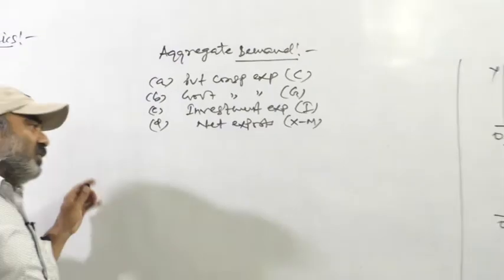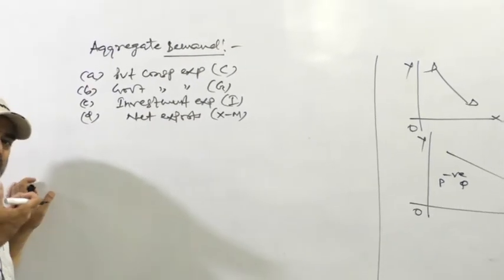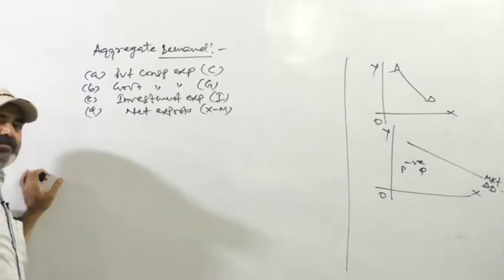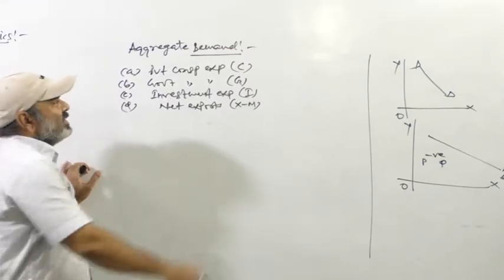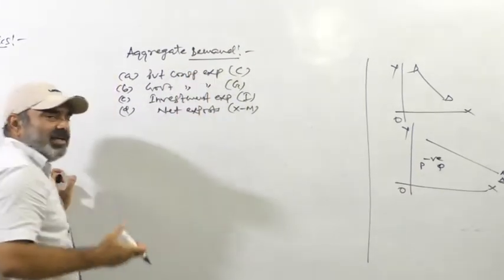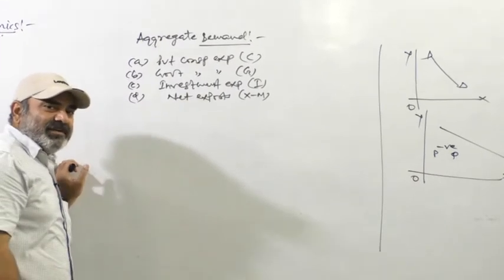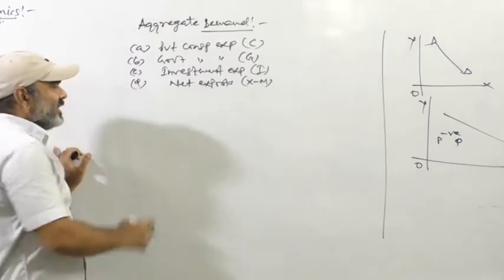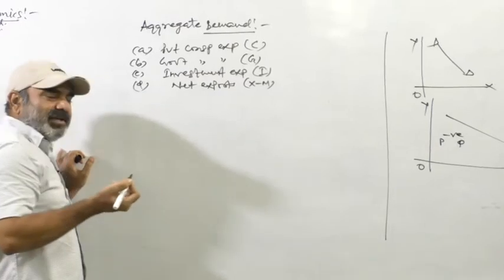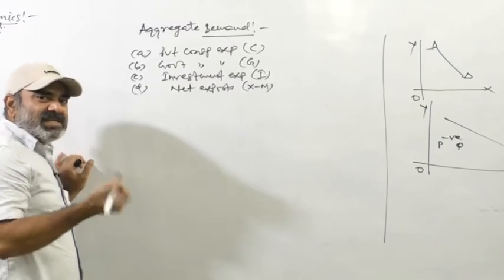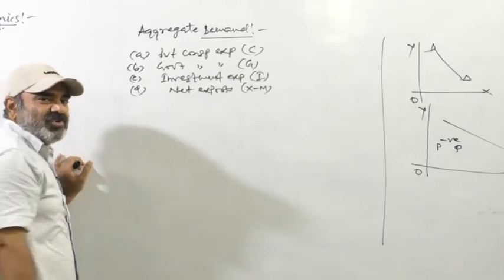But keeping in view the syllabus of CBSE class 12, we have to study the concept of aggregate demand in a two-sector economy, and in that way aggregate demand may be defined as sum total of consumption and investment expenditure.